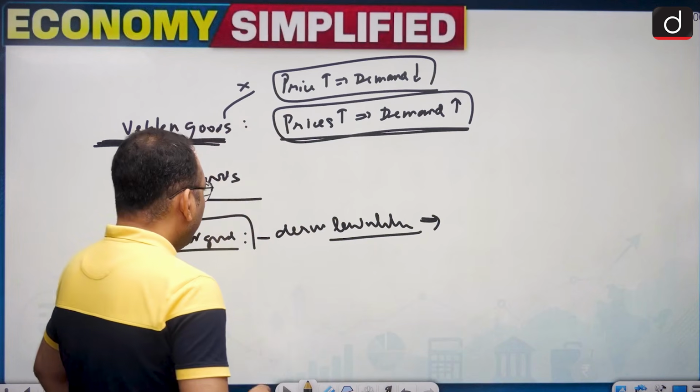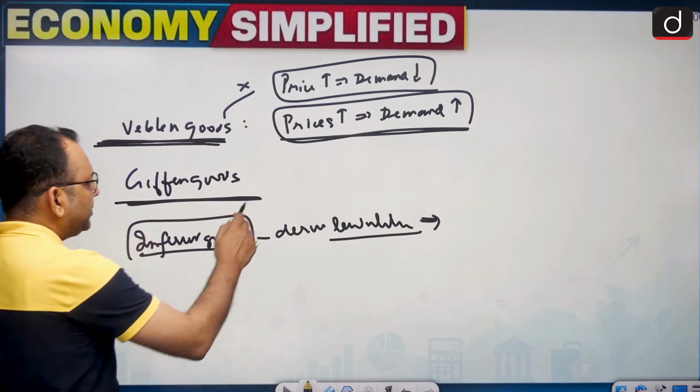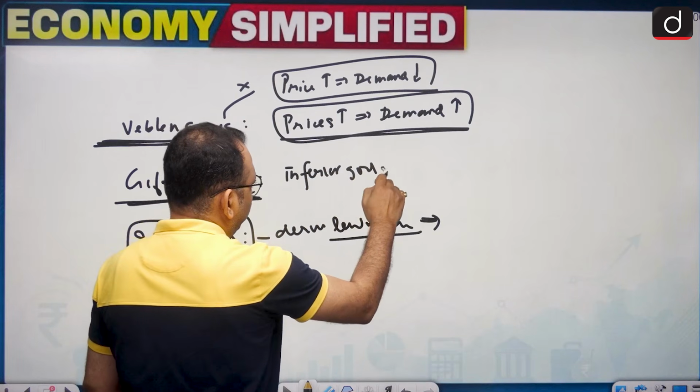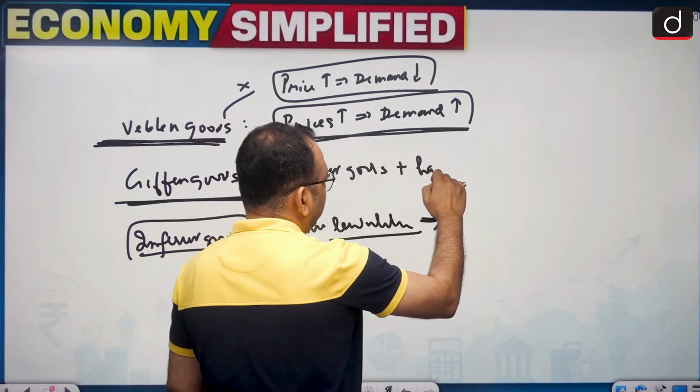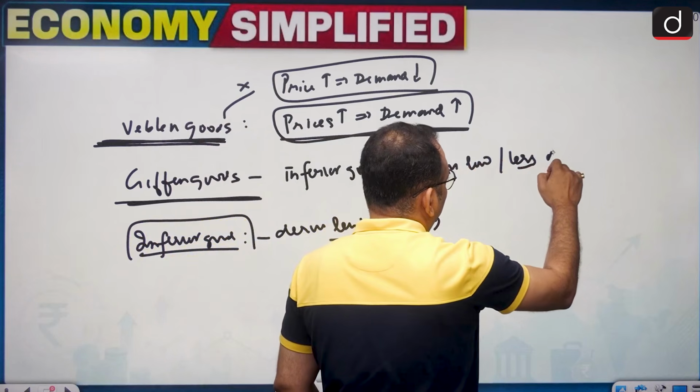Now, what are Giffen goods? Giffen goods are the inferior goods having very low or less options.